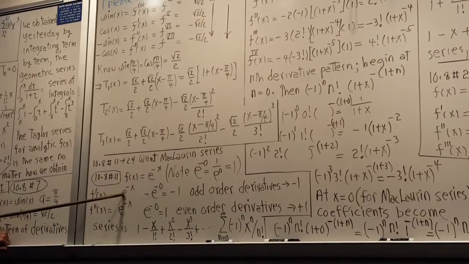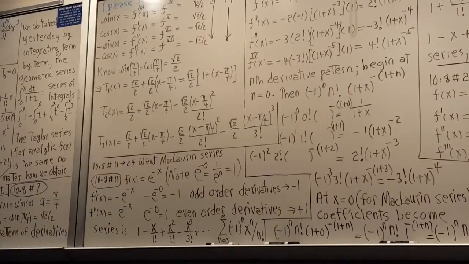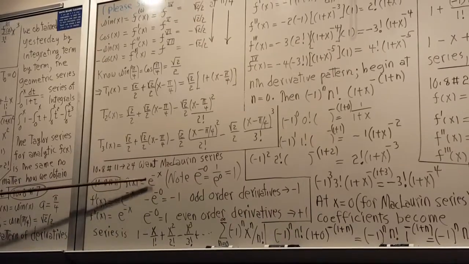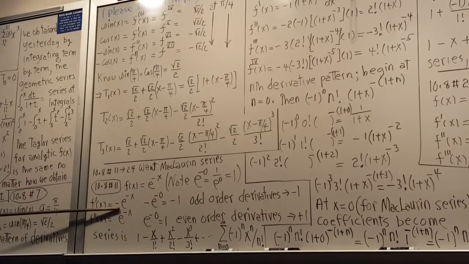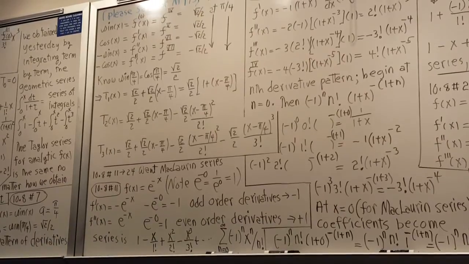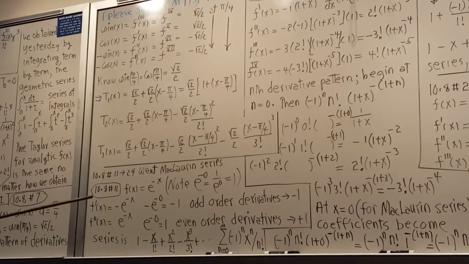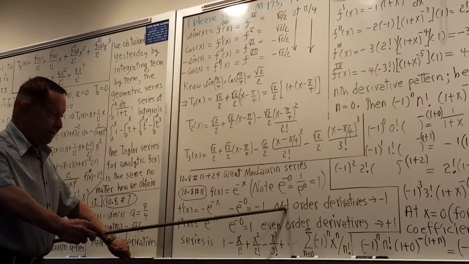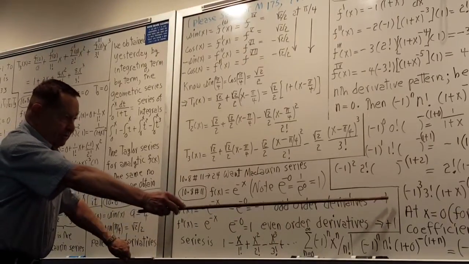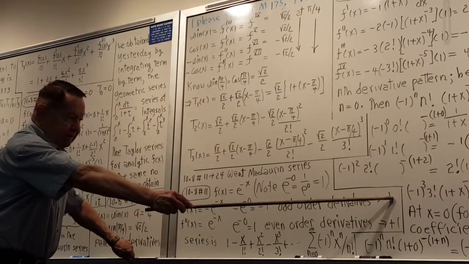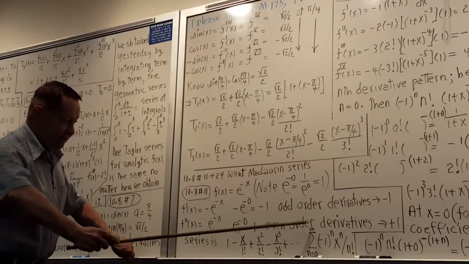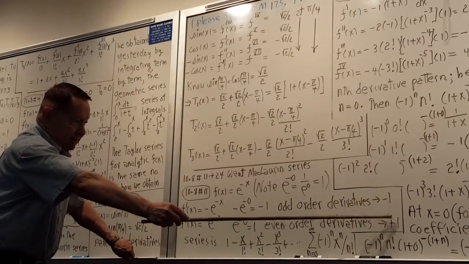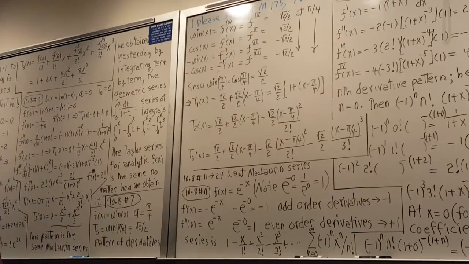So this alternates between e to the minus x and minus e to the minus x as you take derivatives. So your coefficients at 0 will alternate between 1 and minus 1. So when you have an odd order derivative at 0, you have minus 1. When you have an even order derivative at 0, you have plus 1 for your coefficient.